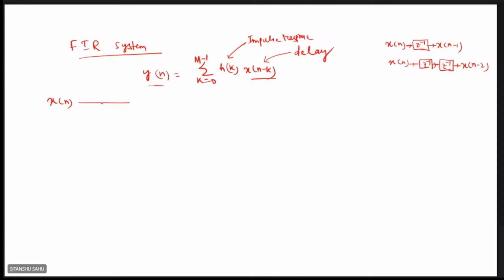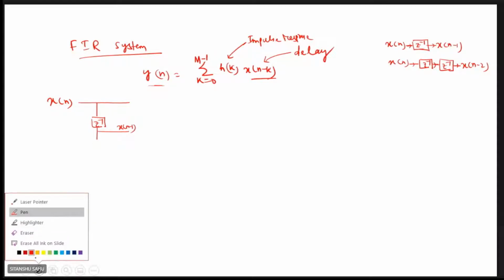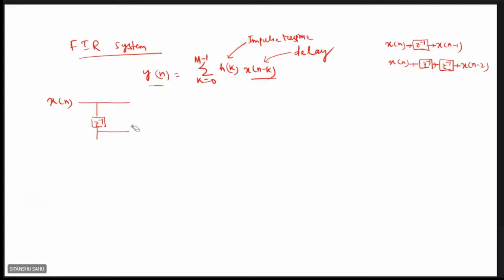So how do you do this? This will give me directly x of n. Then if I take 1 z inverse, that will give me x of n minus 1. Sorry, let me write over here. So this will give me x of n minus 1.